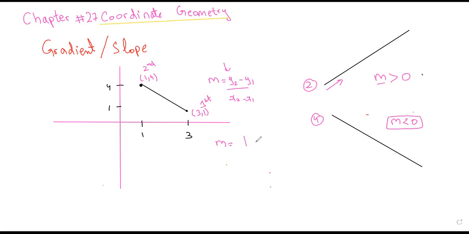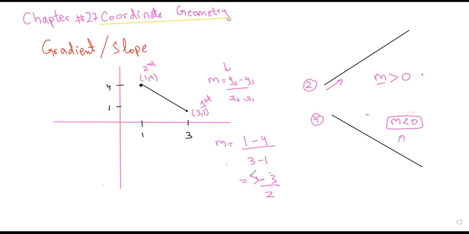So it would be 1 minus 4 divided by 3 minus 1. And what do we get? We get minus 3 by 2, and look, it is negative. This is what the theory was telling us, that any line that's coming downwards would have a negative slope. So this is the concept, right?